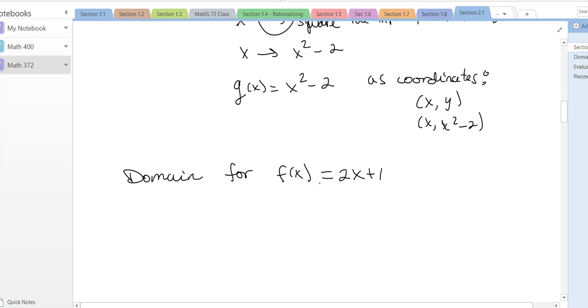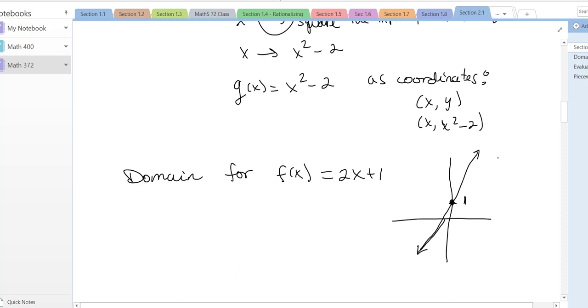And essentially, if no value of x will make this undefined, then the domain is going to be all real numbers. So can you think of any x that you cannot put here? I can't think of any, and especially if you look at the graph of this function, this is a line with y-intercept 1 and slope of 2. So this is our line.